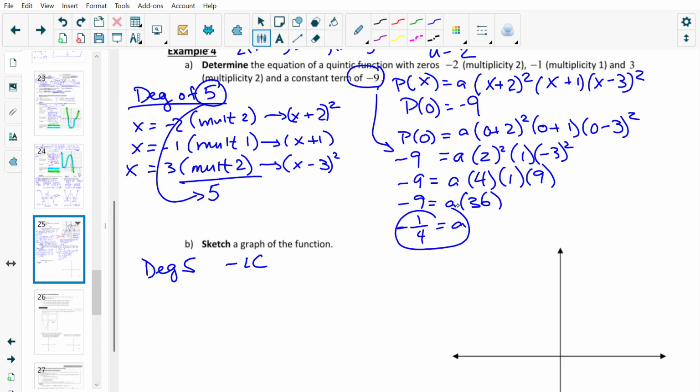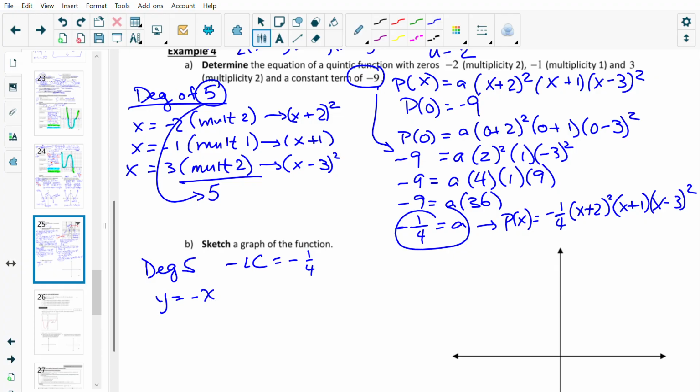Okay, sketch a graph of the function. So where does it start? Where does it end? So it's a degree of 5. I have a negative LC. So A is negative, right? So let me rewrite this. P of x equals -1/4 times x plus 2 squared times x plus 1 times x minus 3 squared. I have a negative LC.